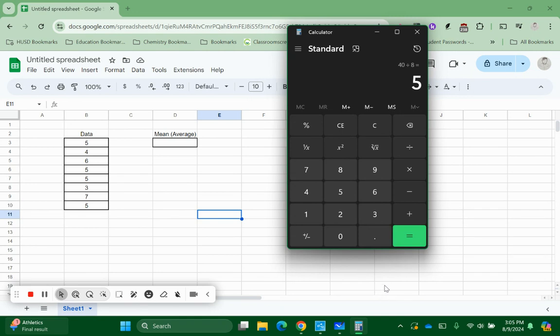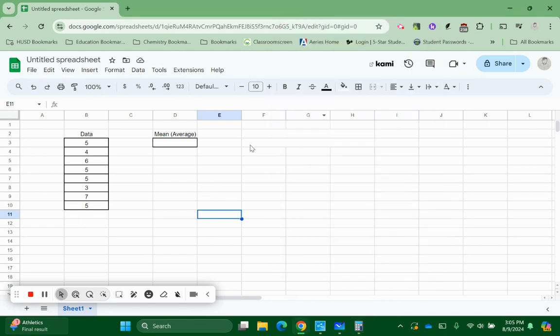But there's actually a much faster and easier way that you can do this. And the way you're going to do that is you're going to use Google Sheets. Or you can also do this with Microsoft Excel. What you're going to do is pick the cell that you want your average to be put into, and you're going to hit the equals key.